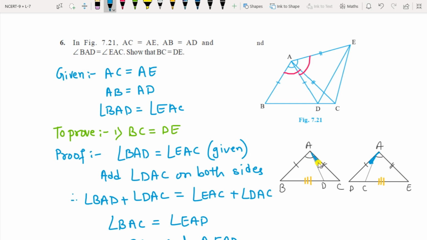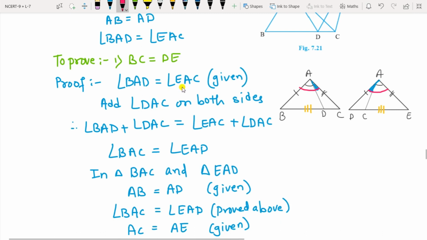That angle we must add on both sides to BAD and EAC. Then we get this full angle as equal. If we add DAC on both sides: BAD is equal to EAC, that is given. Then add DAC on both sides, so it becomes BAC equal to EAD.